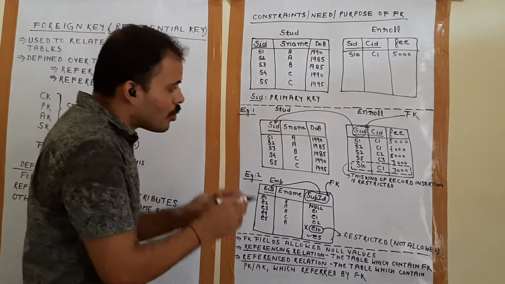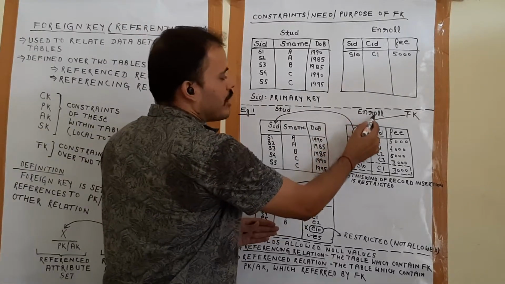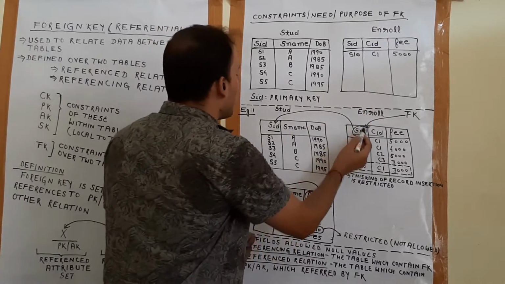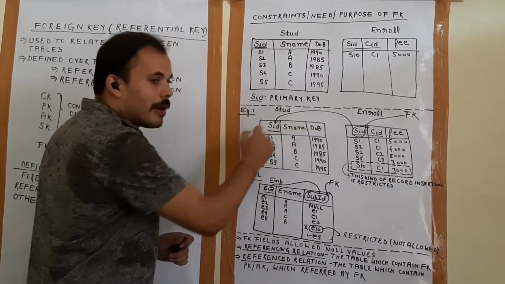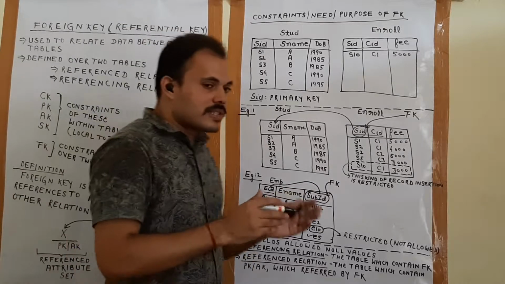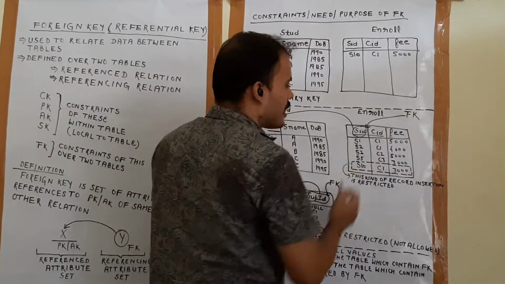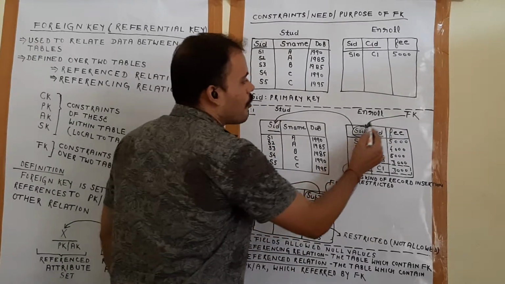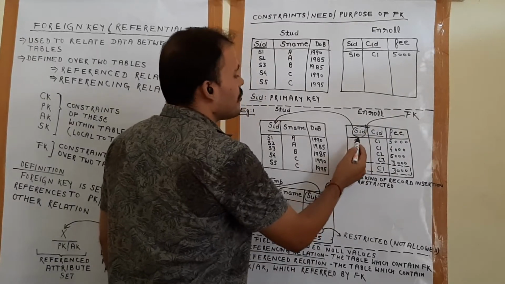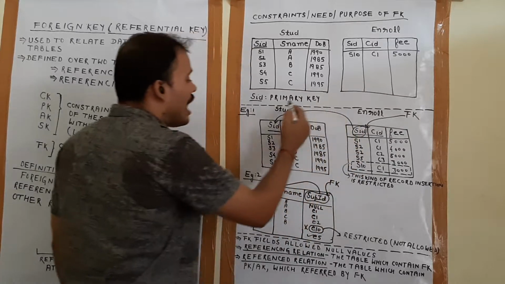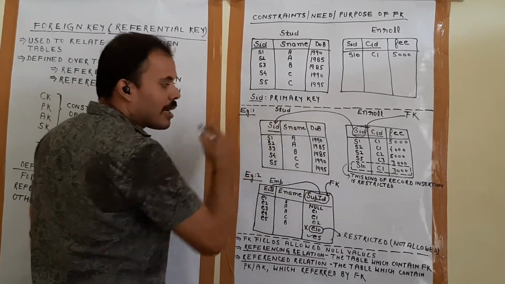Understood? Only those SIDs are allowed in the enrollment table which belong to the student table. So this constraint is incorporated by using foreign key. So SID is the foreign key which is referring to SID of the student table.